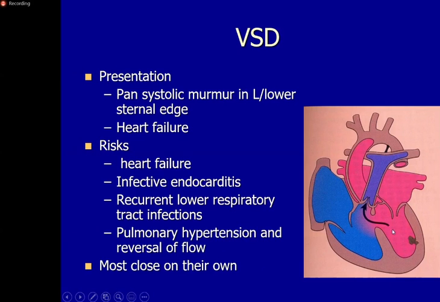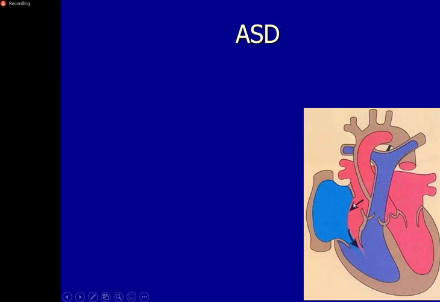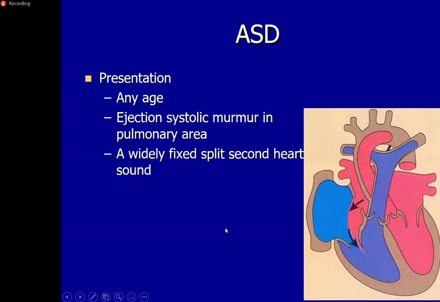And most of these VSDs will close on their own. Then the ASD, you can see again a similar thing, but at a lower pressure. So the pressure is not very high. A certain amount of blood will come, but again, the volume will increase here, and there can be less blood going from the left ventricle to the aorta.